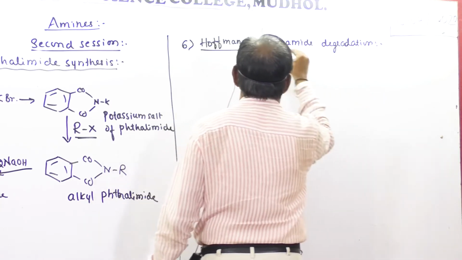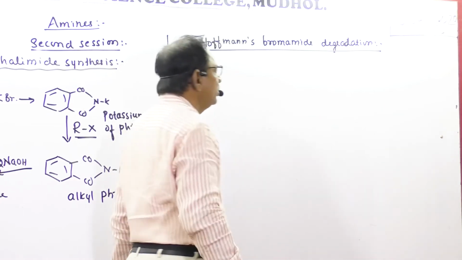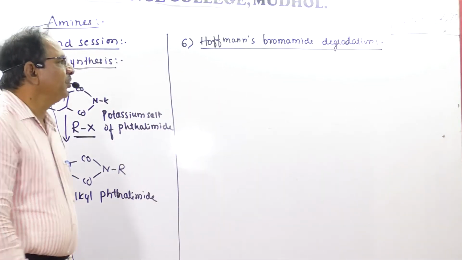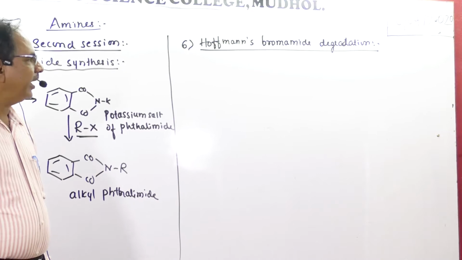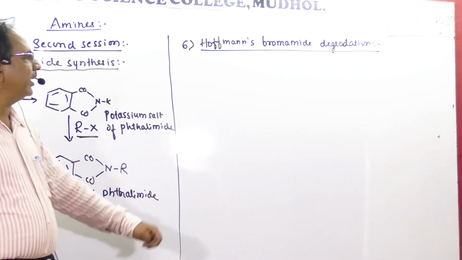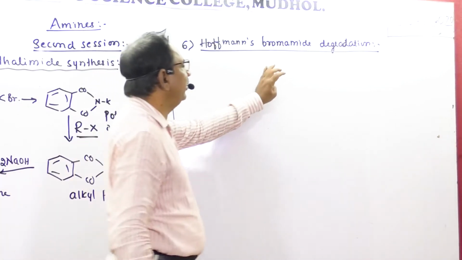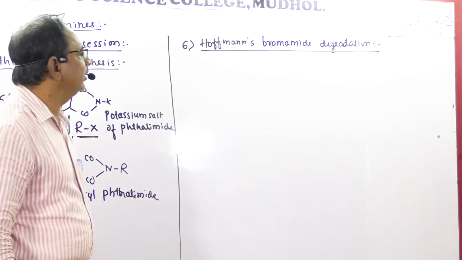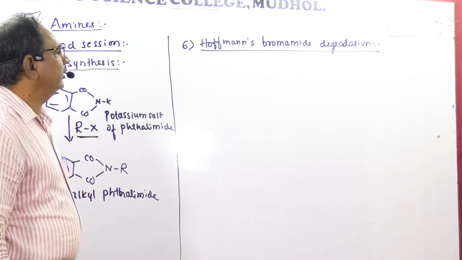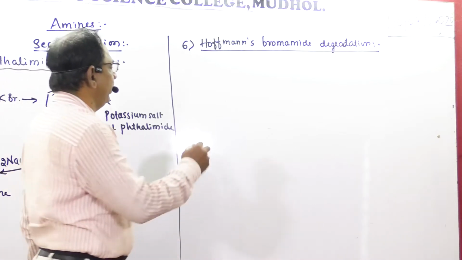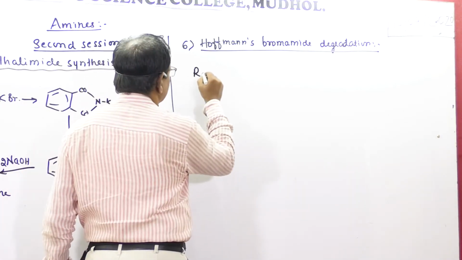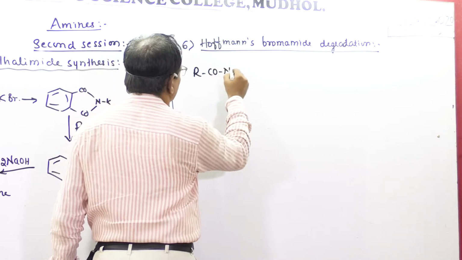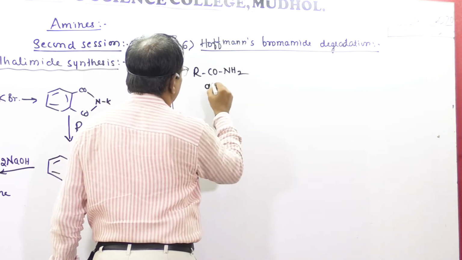Degradation here means that during the reaction, the number of carbon atoms in the product is less than in the reactant. Hofmann is the scientist who used the bromamide method for the preparation of amines. Here we have RCONH2, which is an amide.